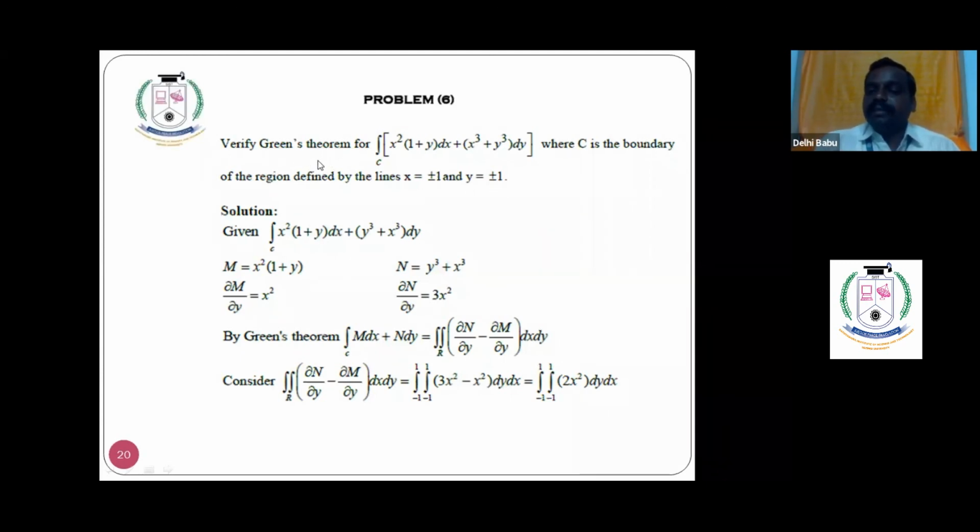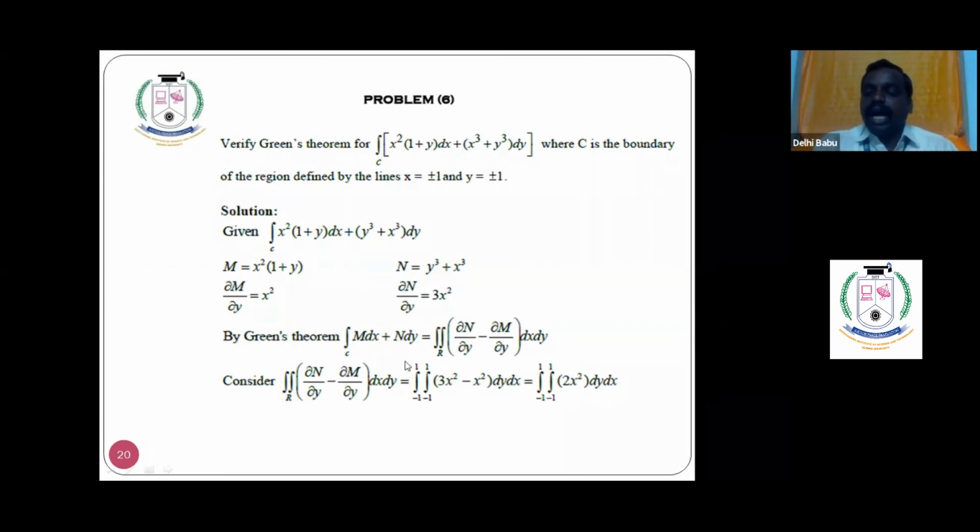It's a Green's theorem. Green's theorem means integral over C of p dx plus q dy, which is equal to double integral over R. Either you can write in m and n or pq, that's your choice. So here m and n they are using. So dou n by dou x minus dou m by dou y into dx dy. Now I consider the right hand side as first. What is the right hand side?